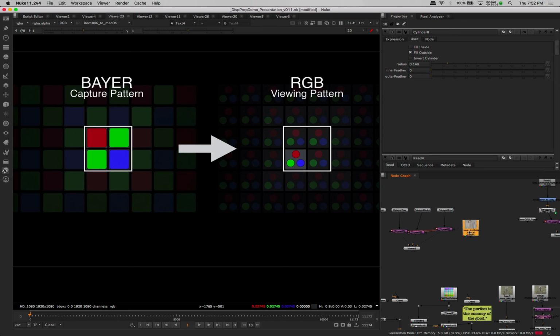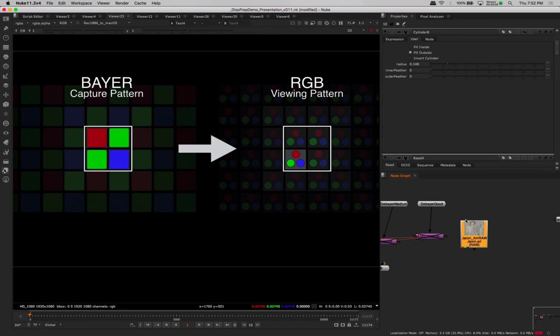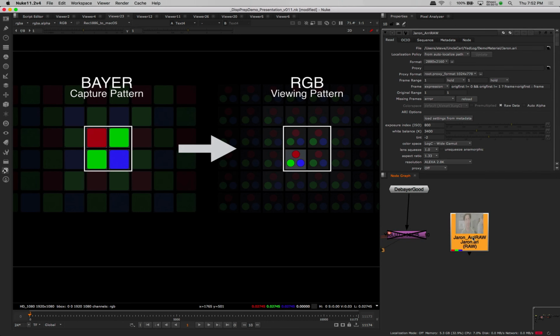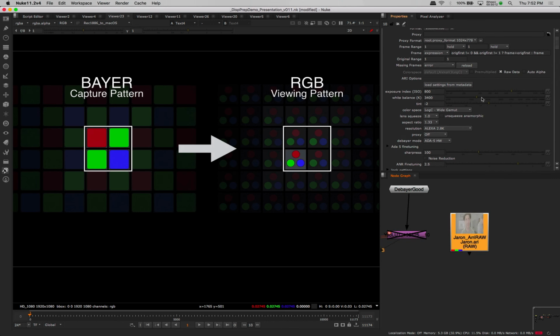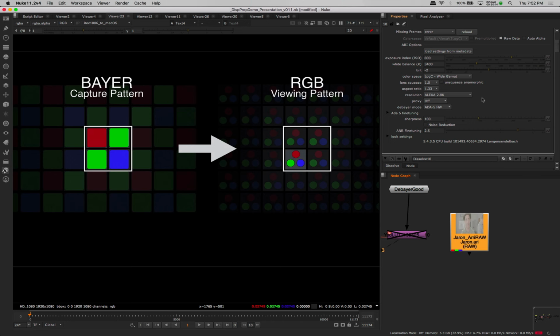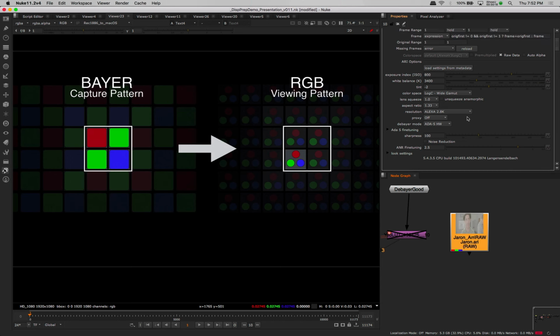Sorry to belabor this because I know this isn't the point, but there's been enough confusion on this that I do want to spend a few minutes on it. The one last thing I want to say about it is the implementation of these de-Bayer algorithms. This happens to be ARRI, but this is the same for all of them. It doesn't matter, Red, Sony, whatever brand you like.